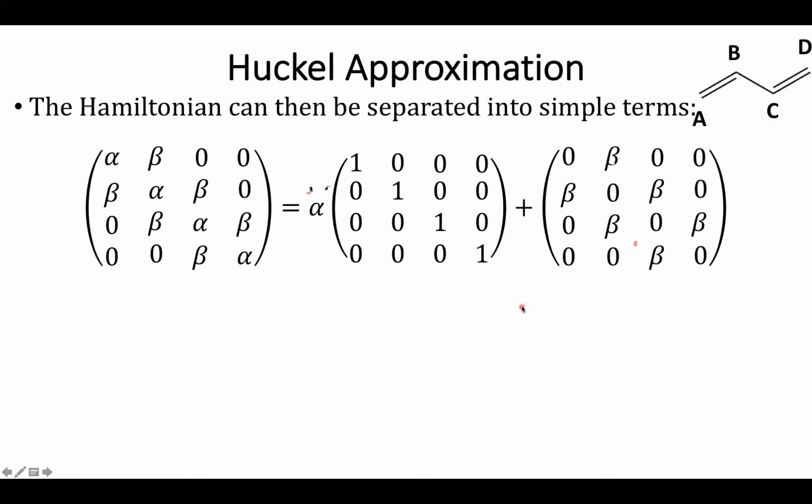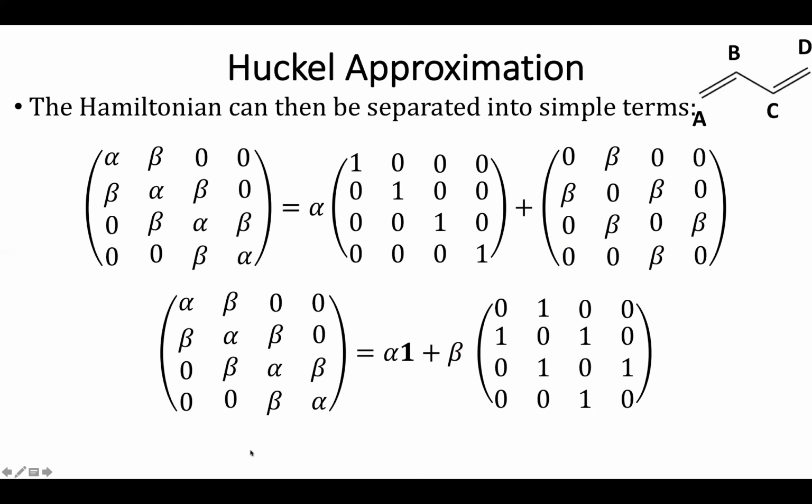So I can pull this out and express my Hamiltonian matrix as my Coulombic integral times the unit matrix, which is already diagonalized, plus my resonance integral times this new matrix, which we can refer to as M. So now if I'm going to diagonalize this form, the only matrix I actually need to diagonalize, since the scalar value is already diagonalized, is just this guy.